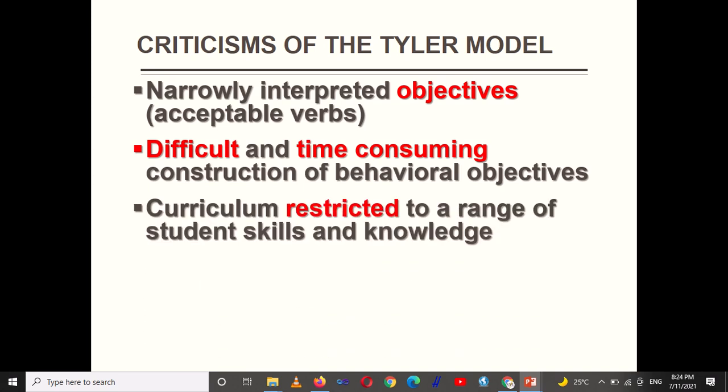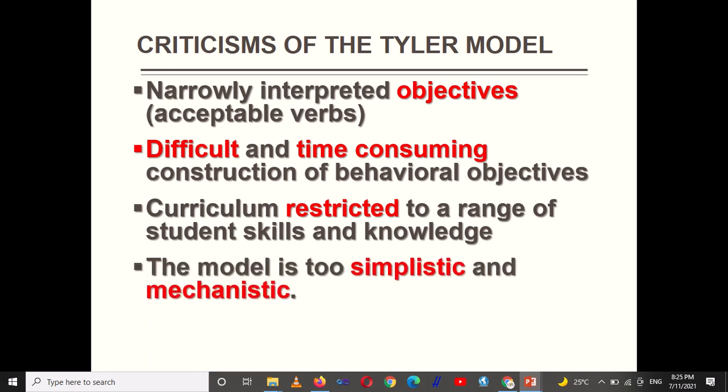Then they say that if you develop curriculum using Tyler's model, the curriculum is restricted to a range of student skills and knowledge. You are only going to look at certain skills students need to know. It doesn't give room for students to explore much. And then the model is too simplistic and mechanistic.